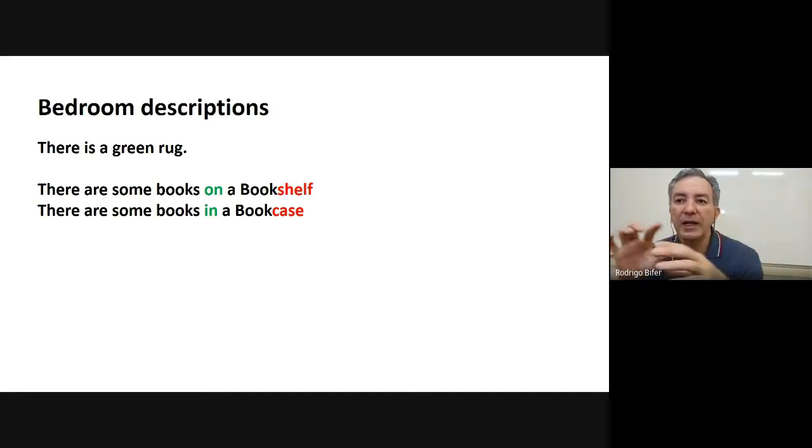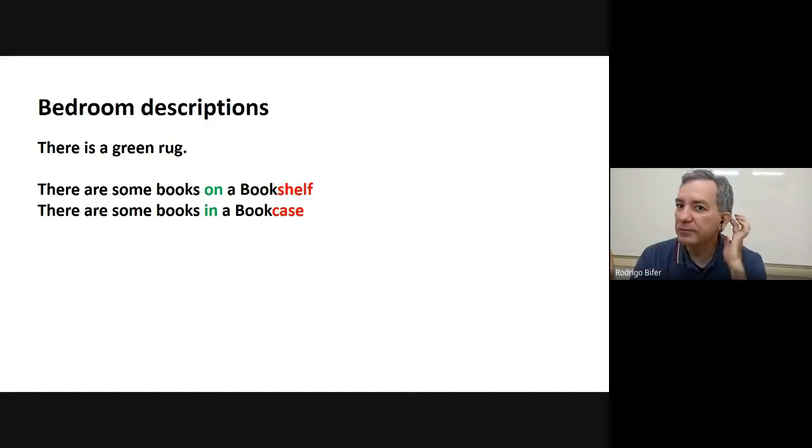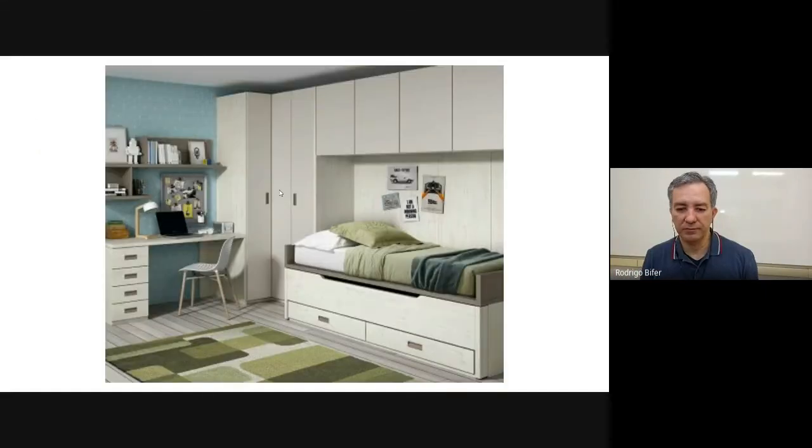There's a green rug. Let's complete this sentence telling where the rug is. Can we do that? So where is the rug? If we talk about the position, then we will need to use a preposition to say where the rug is. Did you see the rug?